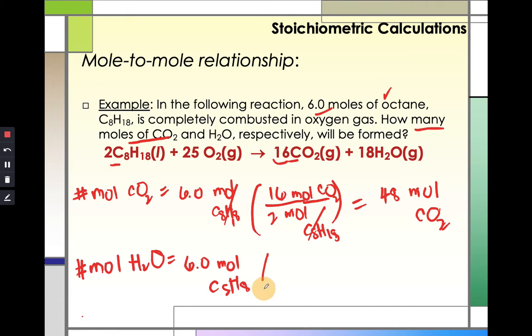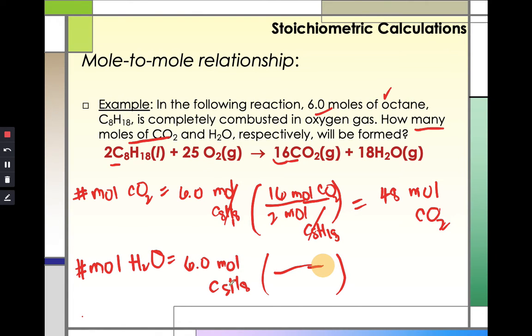So what is the mole ratio between octane and water? Again, where do we find the mole ratios? We find them based on the coefficients in our balanced chemical equation.